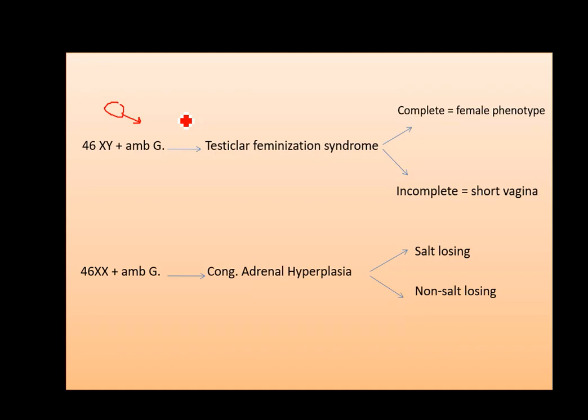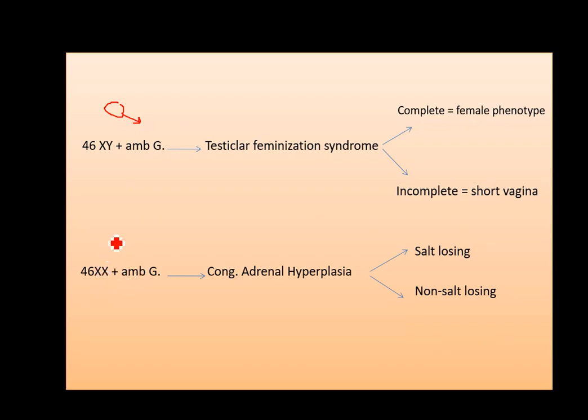Incomplete testicular feminization syndrome leads to a short vagina, whereas complete testicular feminization syndrome leads to the complete phenotypic features of a female, although the karyotype is XY. 46XY means a male with phenotypic features of a female.